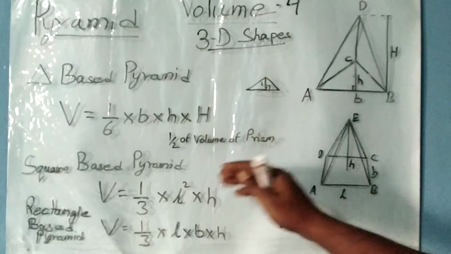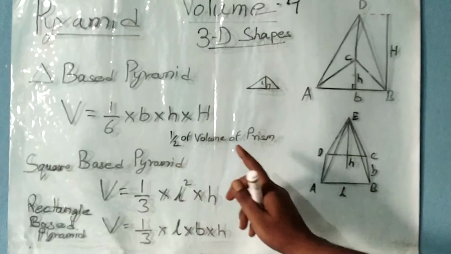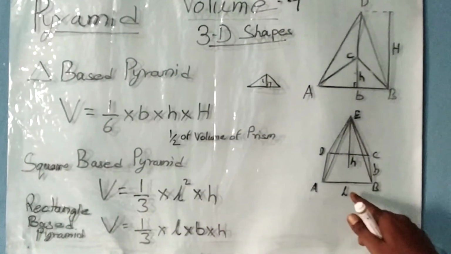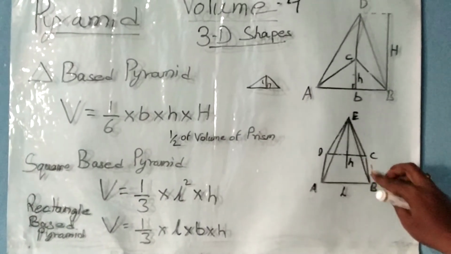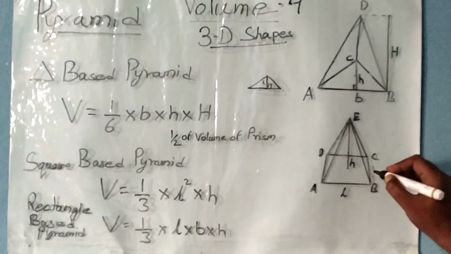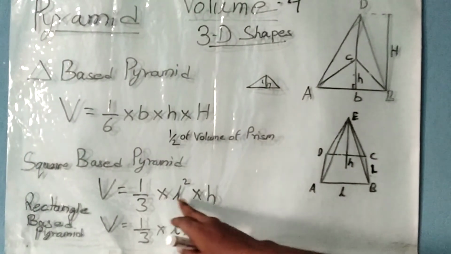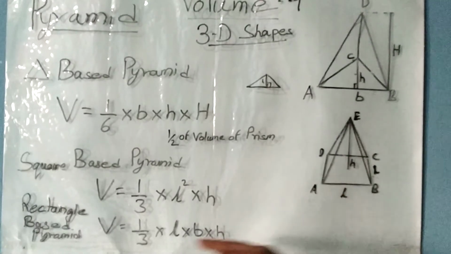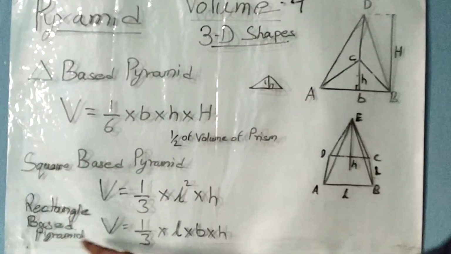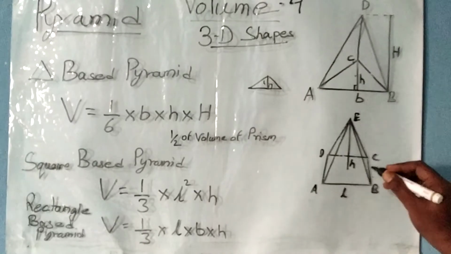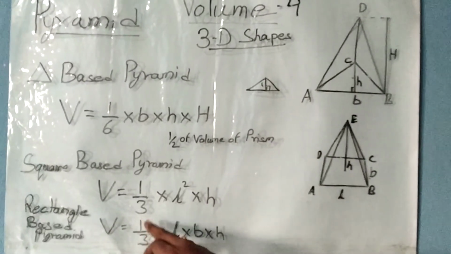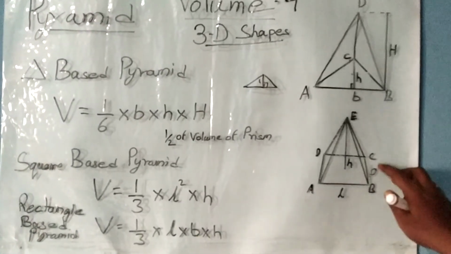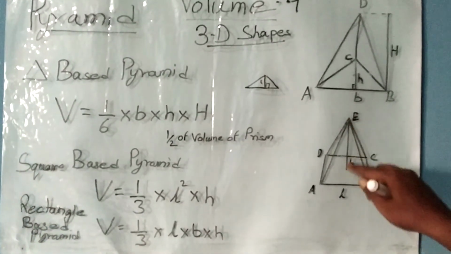Okay, in case of a square based pyramid, the formula will be 1 by 3 into L square. This is L, the length, and this will also be L for the square, into H. H is the height of the pyramid. Okay, for a rectangle based pyramid, the formula will be 1 by 3 into L, into breadth, into the height of the pyramid.